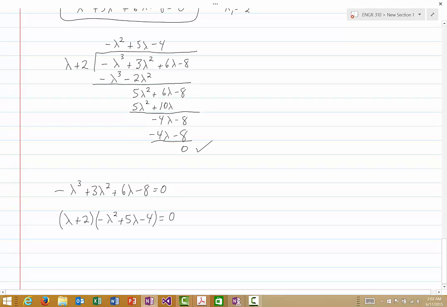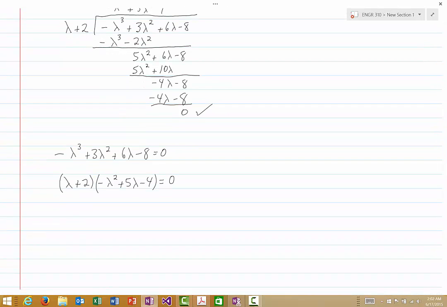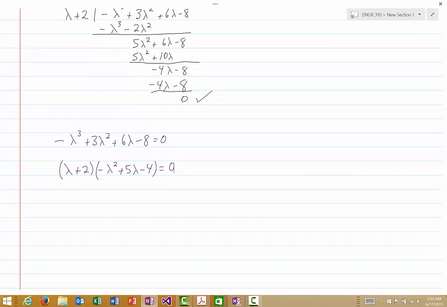And so now we'll be able to find the other two eigenvalues for this matrix. What I would do now is take out a negative sign, simply because I like the leading coefficient to be positive 1 rather than negative 1. So lambda squared minus 5 lambda plus 4. If you wish to put the negative sign out front, you can, but you can also take it over to the other side, and of course negative 0 is the same as 0.